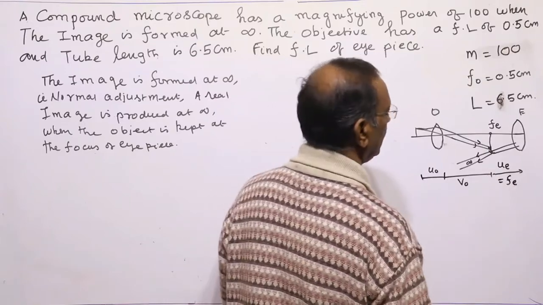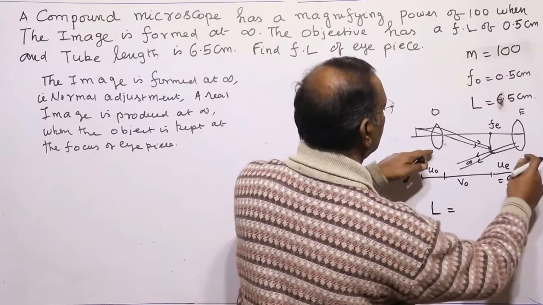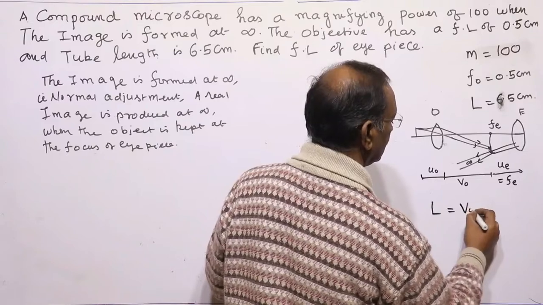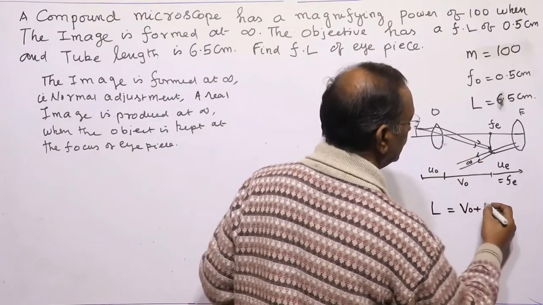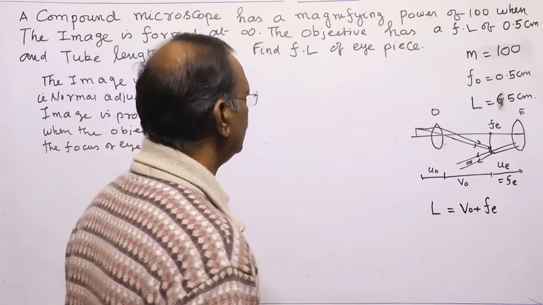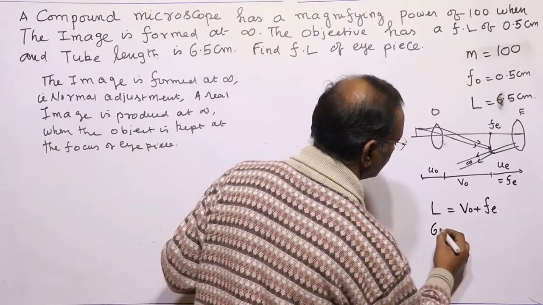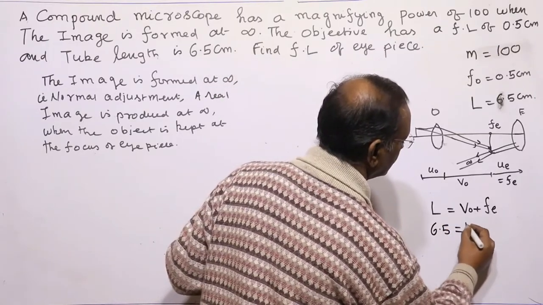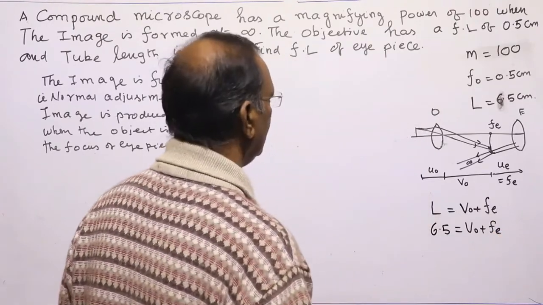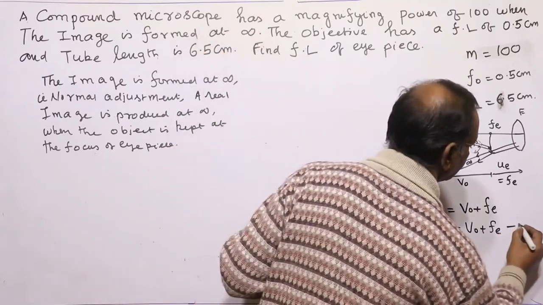It means UE is equal to FE. Then the tube length is the distance between both the lenses, which is equal to V0 plus UE, that is FE. The tube length is given as 6.5 centimeter. So 6.5 centimeter is equal to V0 plus FE. F0 is also given. So we can treat this as the first equation.